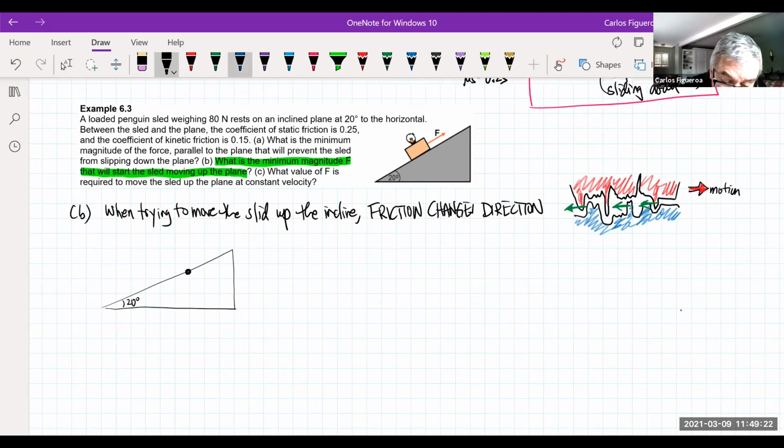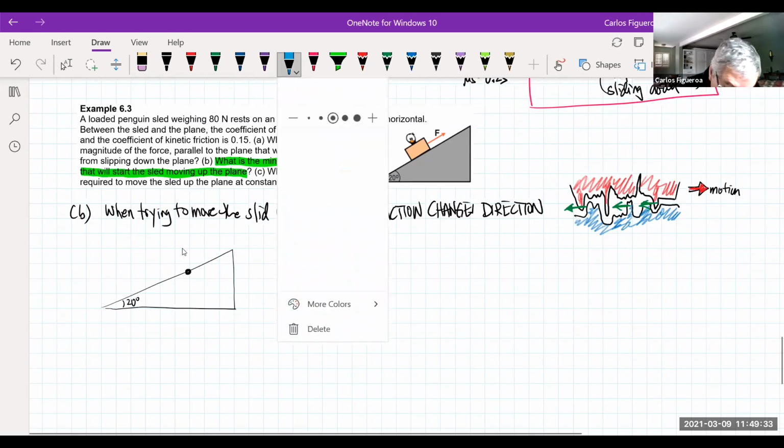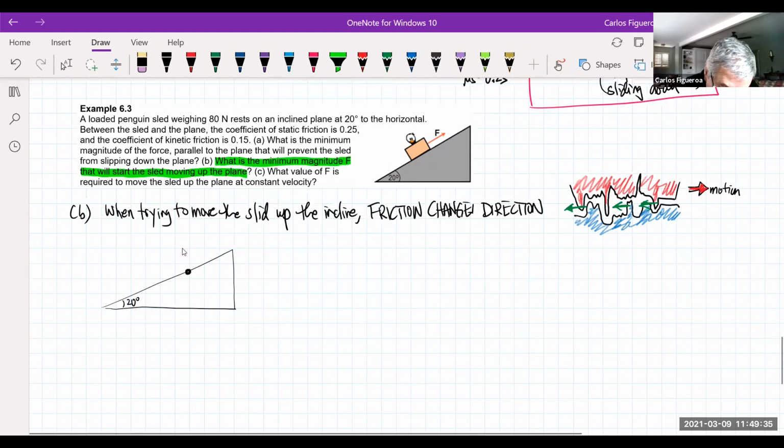So this time, my normal is going to be different here, because I'm calling this part B. So I have a normal NB. Again, I have my mg, which means I have my component mgy.